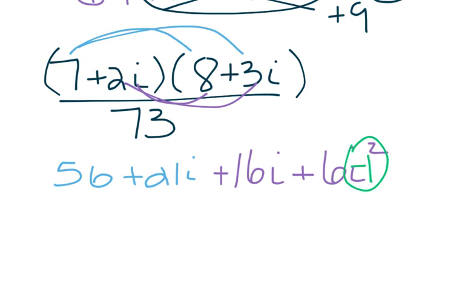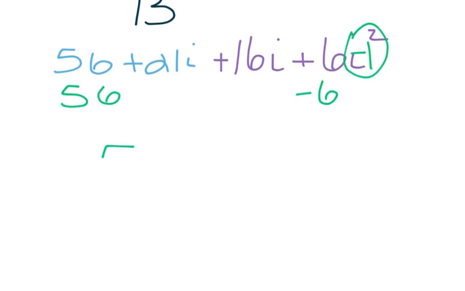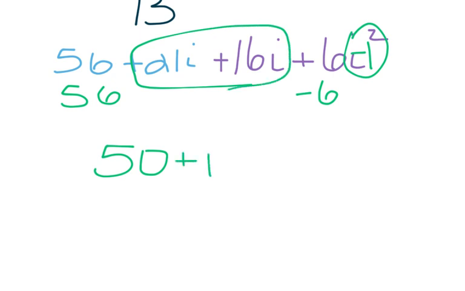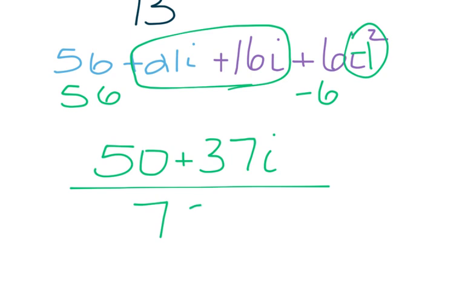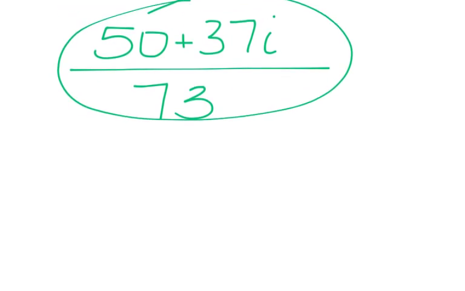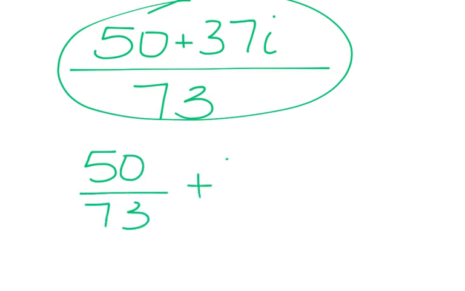That becomes negative 1, and so that makes this negative 6 here. So I have 56 and negative 6, which is 50. And then this part here is 37i. All over the 73 that we already found. So this is your answer. Or you could write it as 50 over 73 plus 37i over 73.